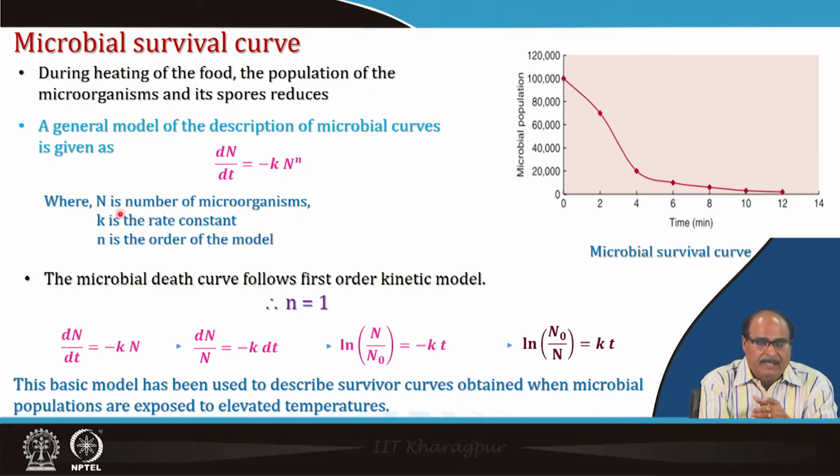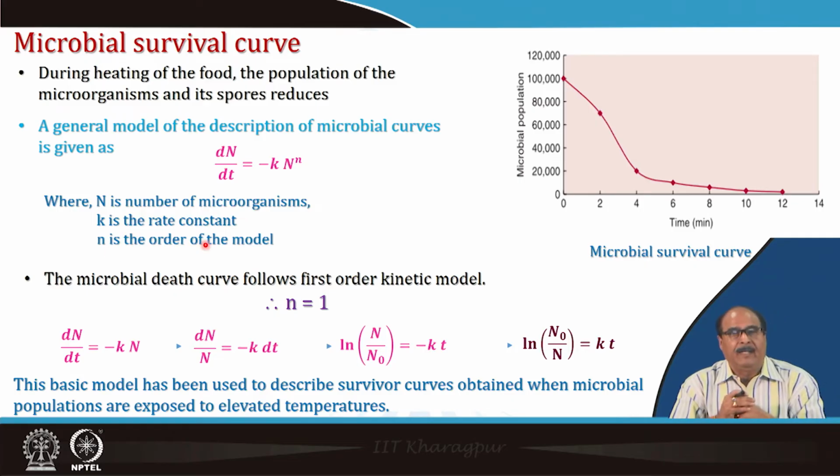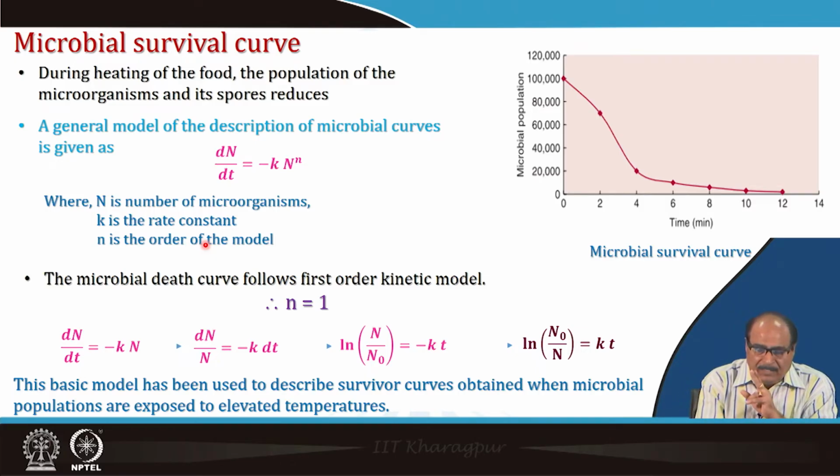Here capital N is the number of microorganisms, k is the rate constant, and small n is the order of the model. The microbial death curve normally follows first order kinetics, so n = 1. The kinetic model is dN/dt = -kN, or ln(N/N0) = -kt.